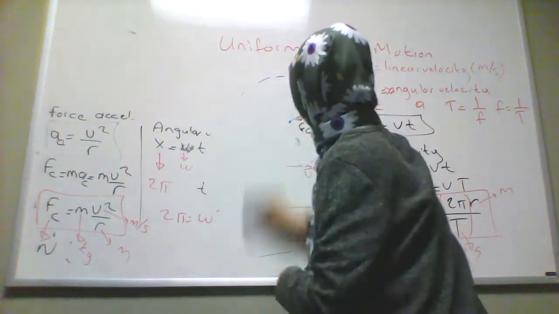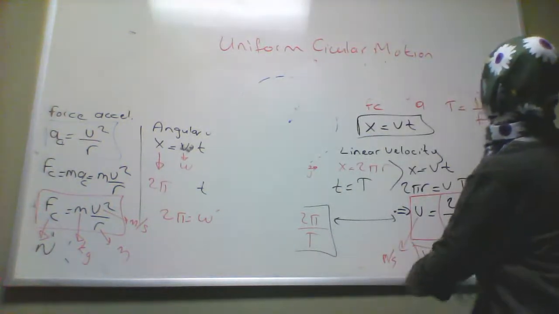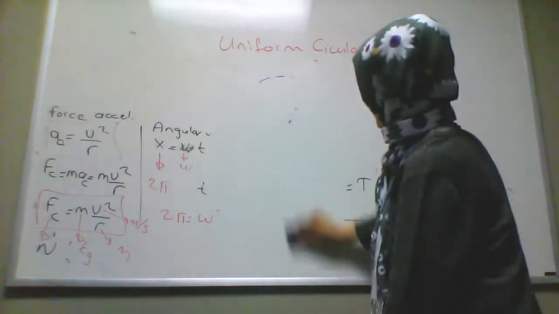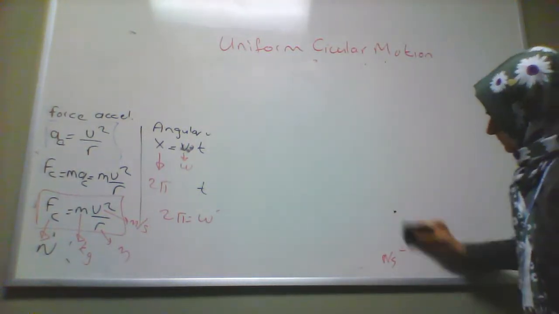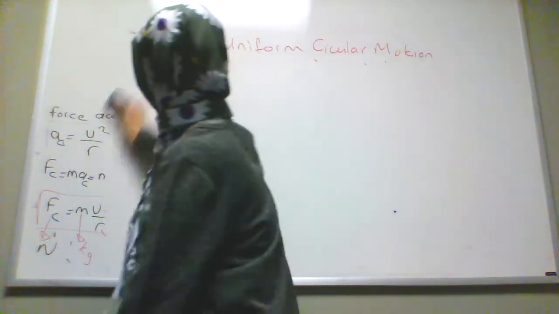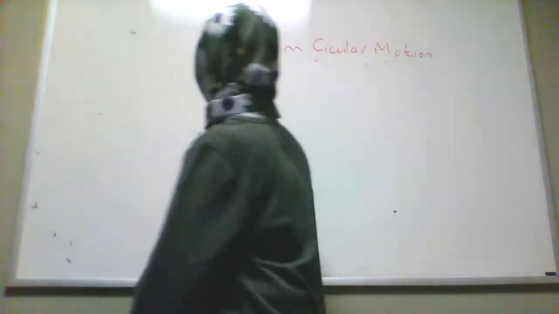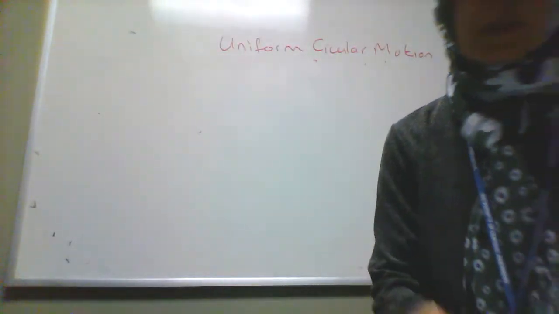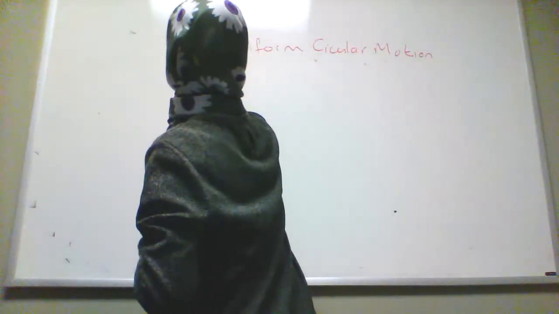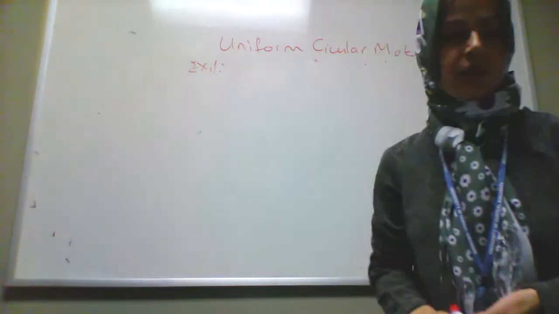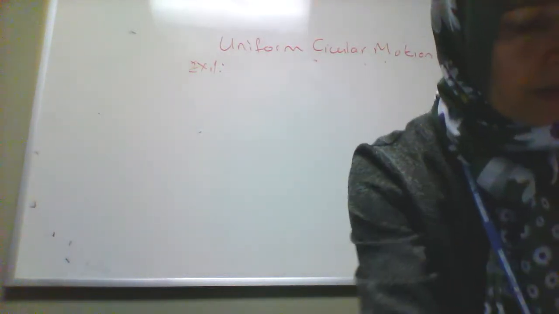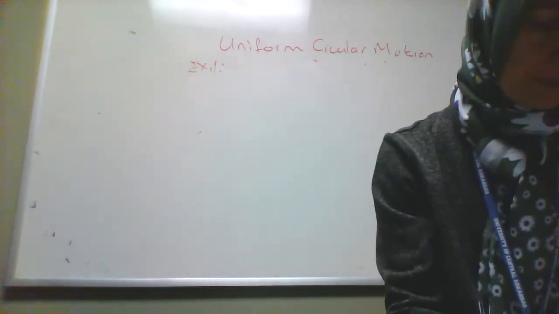I'm looking at the time, I don't want to make this very long and boring again. Let's solve a simple question. This is a very nice question, applying this motion to life, so I'm going to solve it here for you.